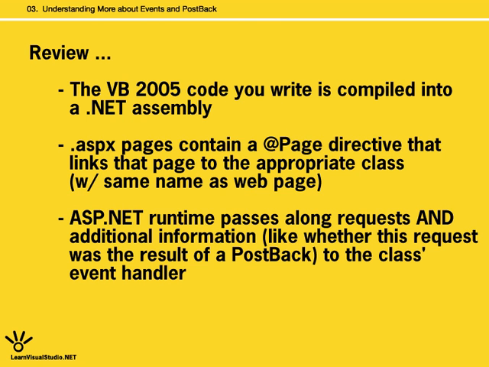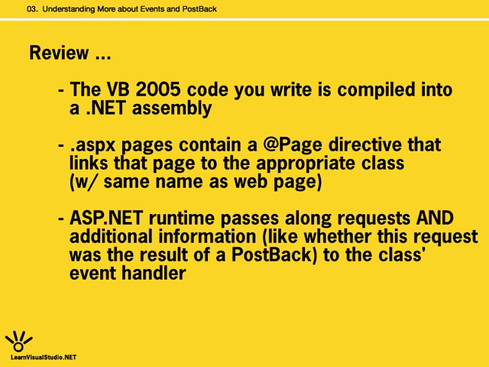Okay, so as we get started, let's review some of the things that we said earlier about how events are handled in your application. All of the Visual Basic code that you write gets compiled into a .NET assembly. The individual .aspx pages contain a page directive at the very top, which points to a specific class in the .NET assembly that's created.